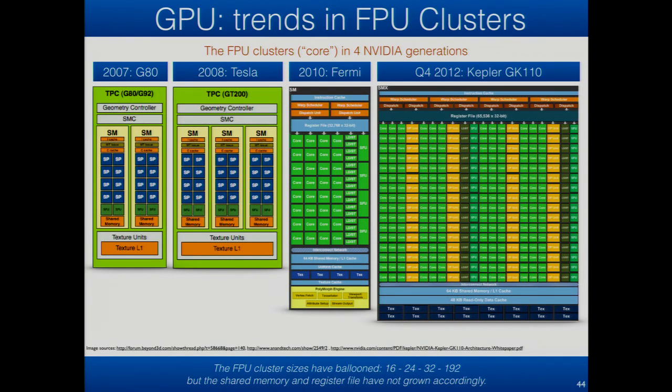So let's look at the progression in the, they call them streaming multiprocessors. The SM architecture has gone from being 2 8-wide SIMD lanes to 3 8-wide SIMD lanes to 32 floating point units to 192 floating point units. We can all see where this is going, right?